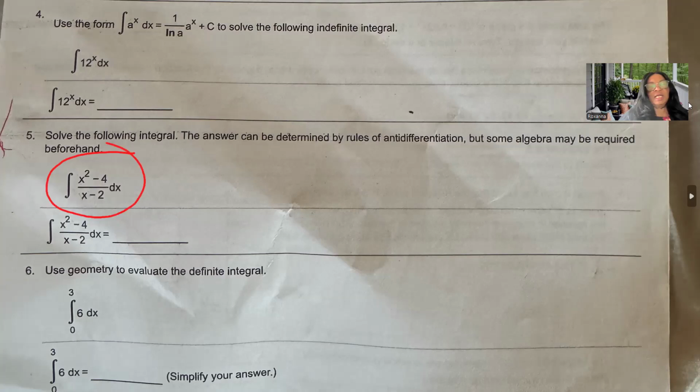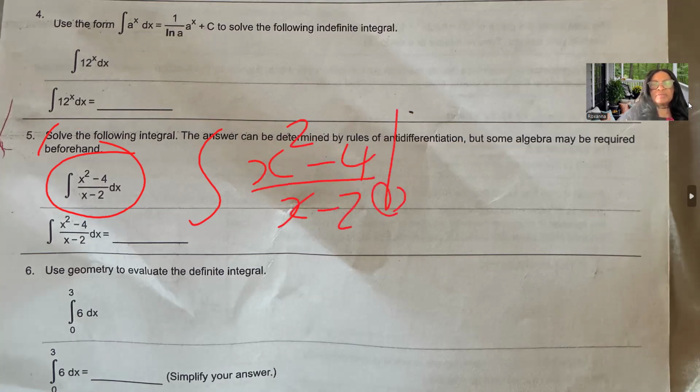When you are given an antiderivative, you want to rewrite it, you want to eyeball it, that's like number 5. Eyeball this antiderivative, the function. The function in there is, let me just put all of them in, in the numerator x squared minus 4 all over x minus 2 dx.